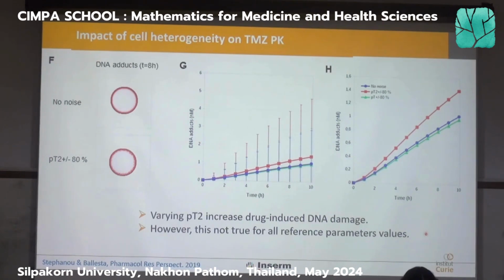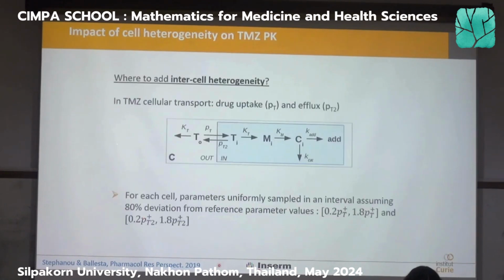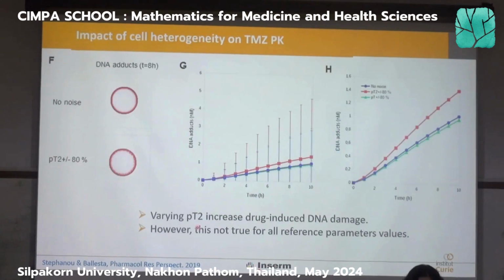I'm not showing this, but you can go to the publication if you are interested in that. However, this is important. This result only holds for the reference parameter values that we have chosen, so those PT plus and PT2 plus. And if you change your domain, you will actually change these results.